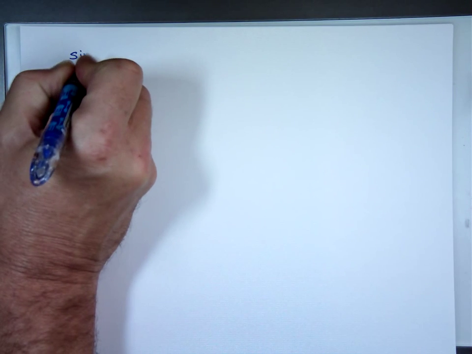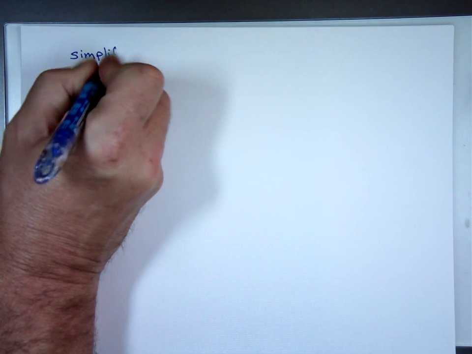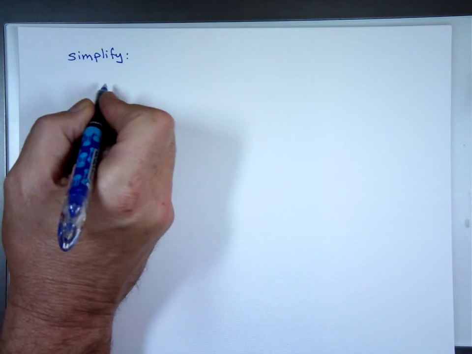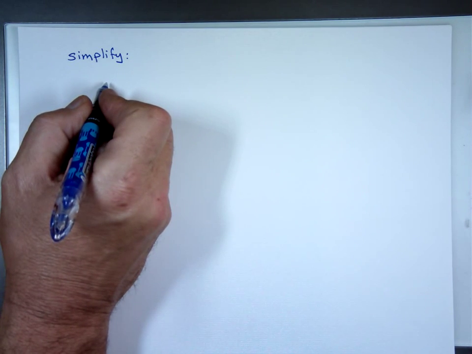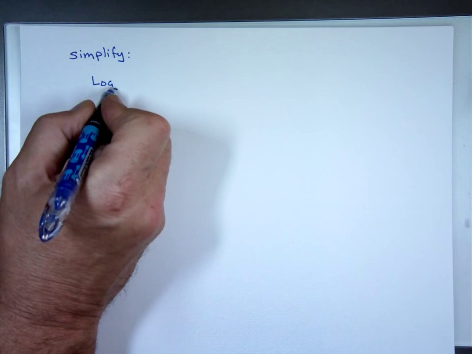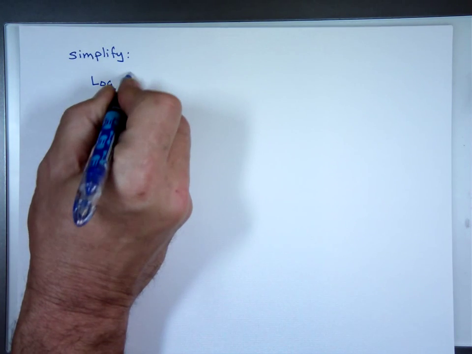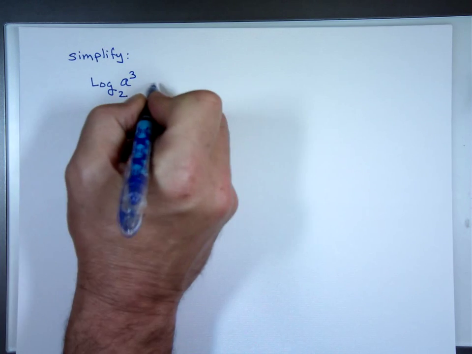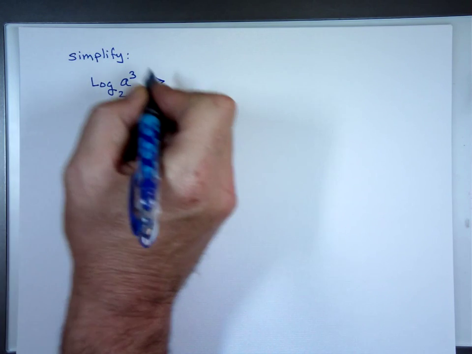The question here, simplify. Let's say we gave you log a cubed base 2. Tell me what rule you're going to use and what the answer might be.